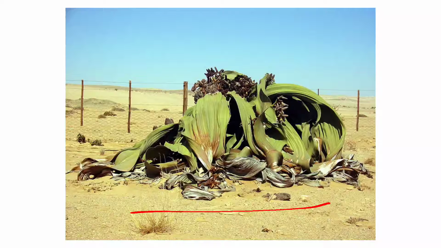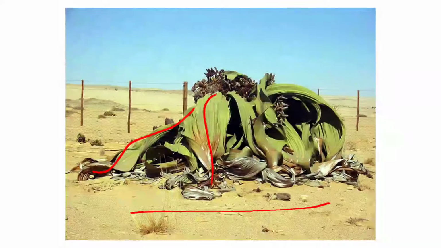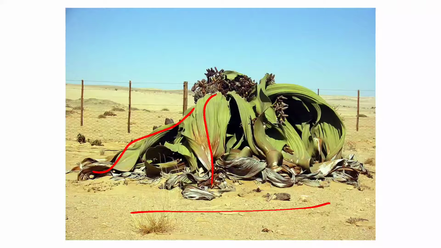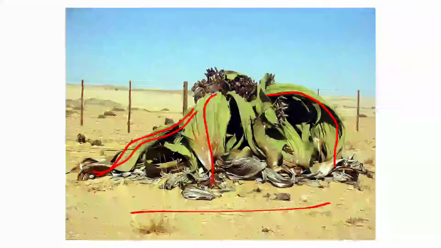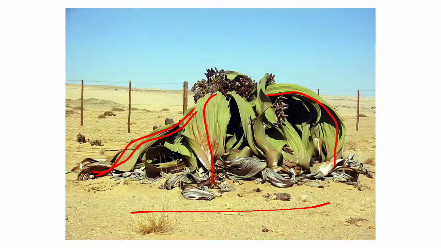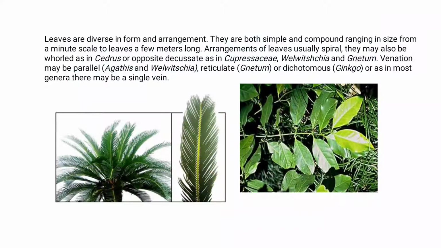If you look at the leaves of this Welwitschia, they are very long. Each of these single leaves measures about 2.5 to 3 meters in length. So, these are considered the biggest leaves present in gymnosperms.